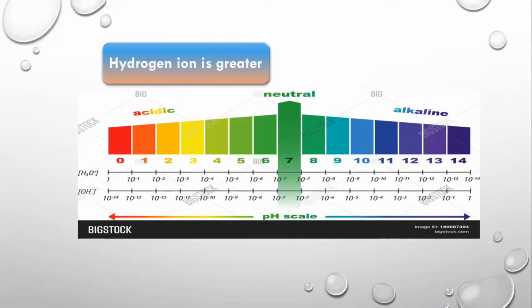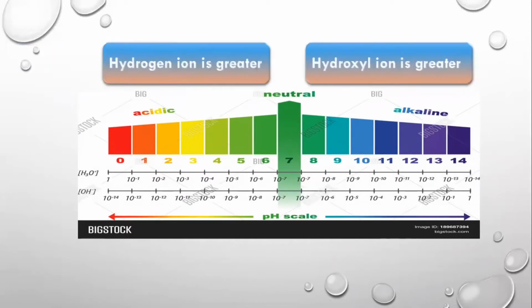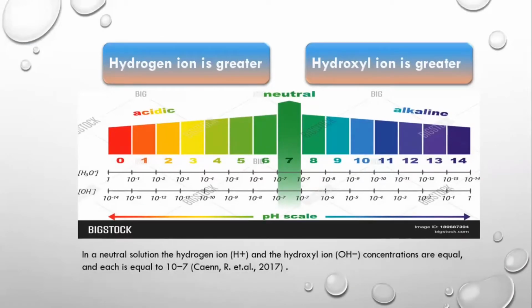If the pH value is greater than 7, the hydroxyl concentration is greater than the hydrogen ion concentration and the solution is alkaline. If equal amounts of hydrogen and hydroxyl ions are present, the solution is neutral with a pH of 7. Acids and bases have free hydrogen and hydroxyl ions, respectively.